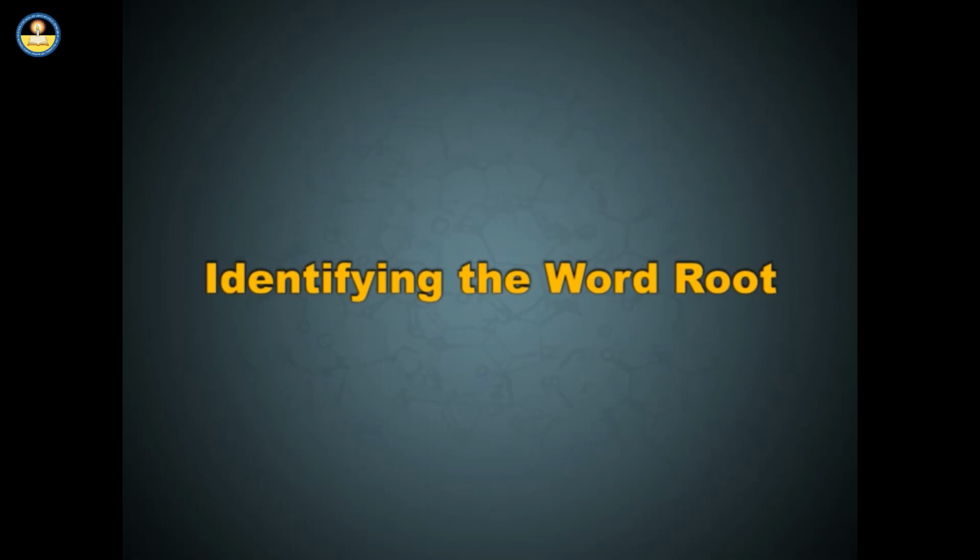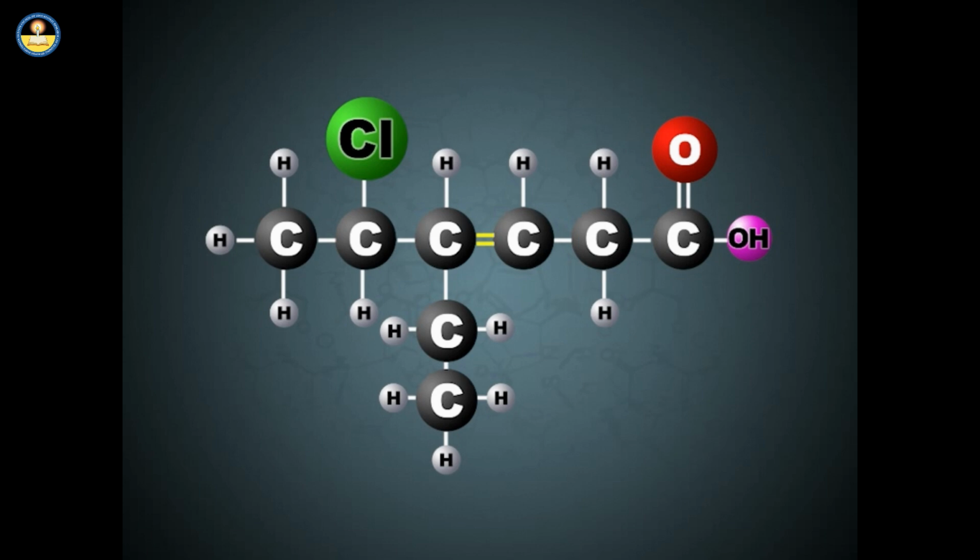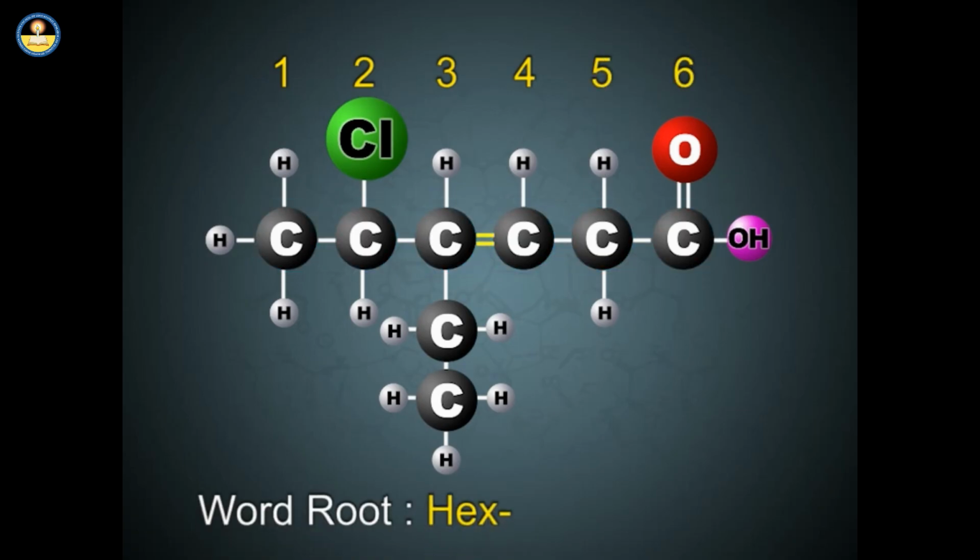Identifying the word root: the numbering of carbon atoms in the longest chain tells the total number of carbon atoms present in it. For example, a compound having C6 carbon atoms in its longest chain will be named as hex.